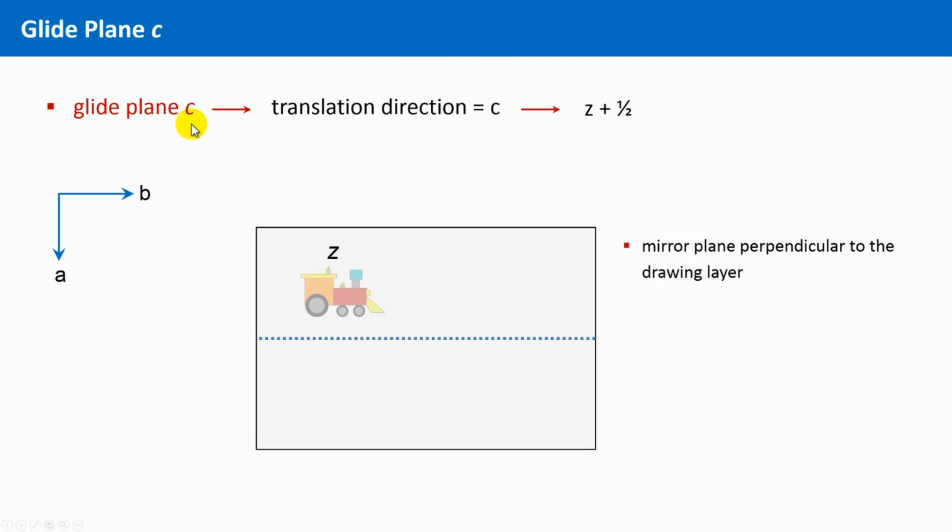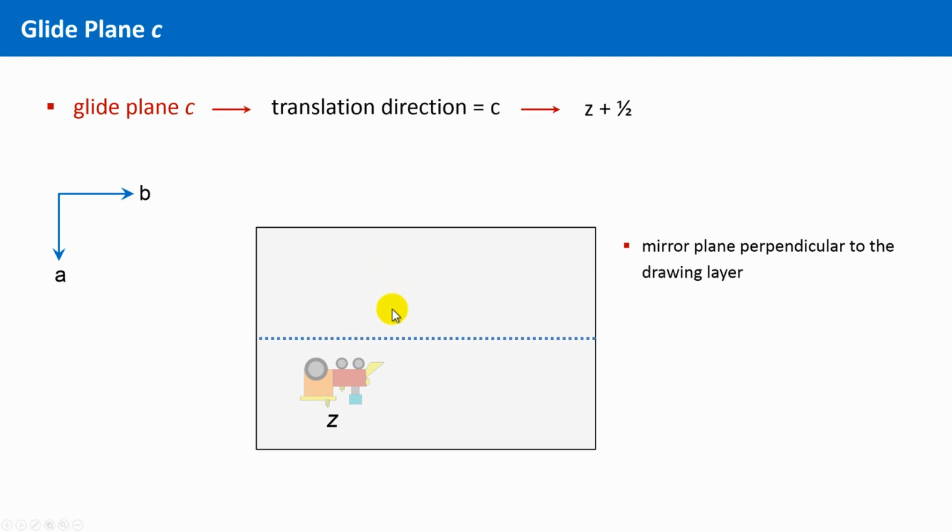One, in quotation marks, simple glide plane is left, the glide plane C. Here, the translation component is 1/2 in the C direction. Again, the same scenario, the glide plane runs again perpendicular to this chosen drawing layer, and a locomotive is placed here at the height z, but here z should be an arbitrary value behind the drawing layer.